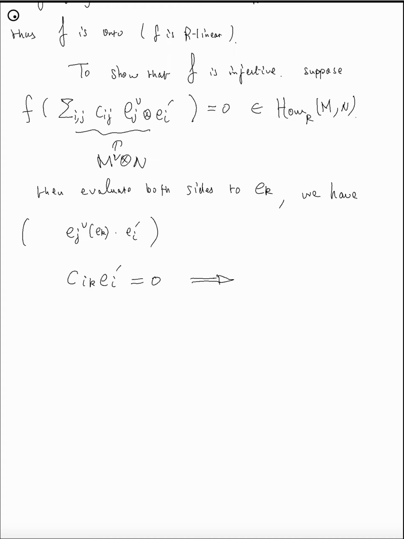Hence c_ik is 0 for arbitrary k and for arbitrary i. This implies the element at the beginning was 0, so F is injective.